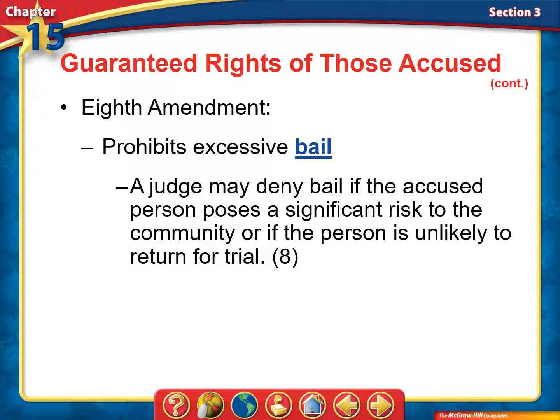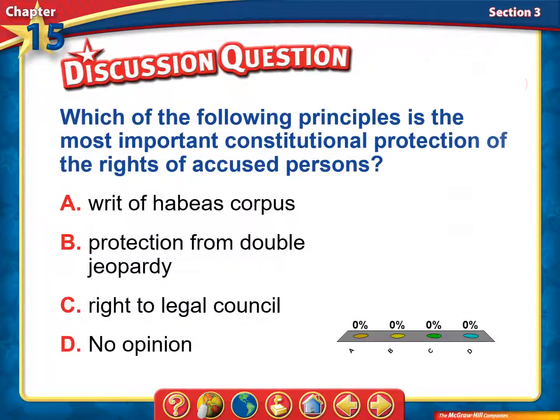Now, here's the exception. If the judge deems that you are not just a flight risk, but a risk to the safety of the community, or if you are just likely to never be seen again, then they may choose to deny bail. Okay.